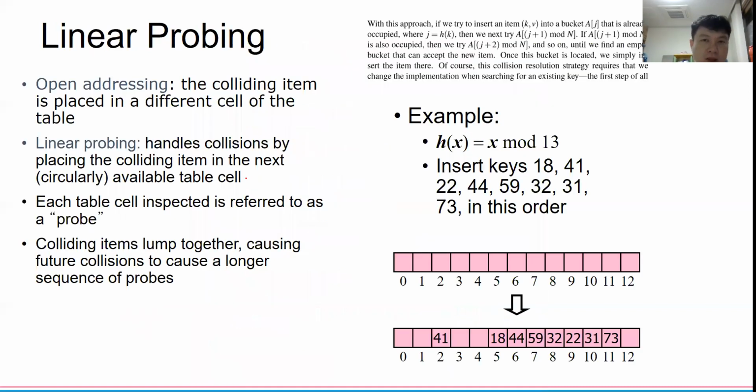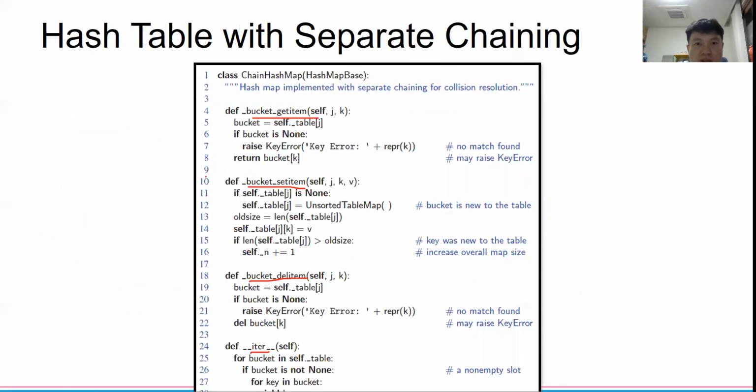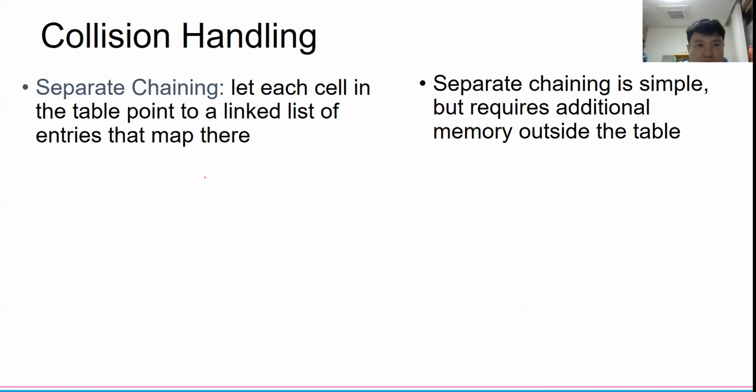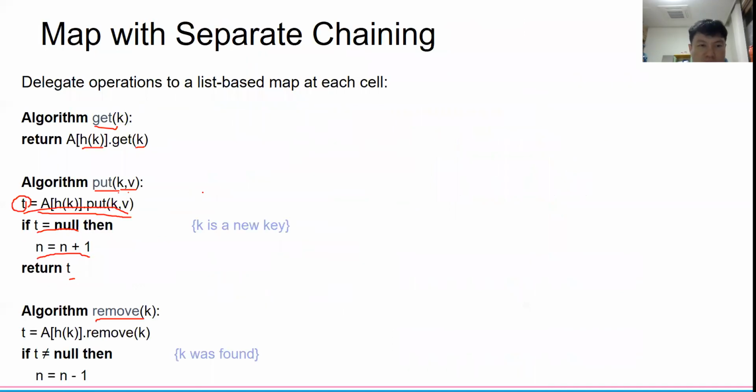So there's another way, not separate chaining. In separate chaining, we just put all the things into one cell. For example, if I have 52, I can just put 52.